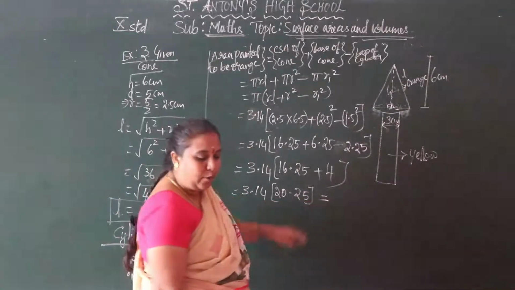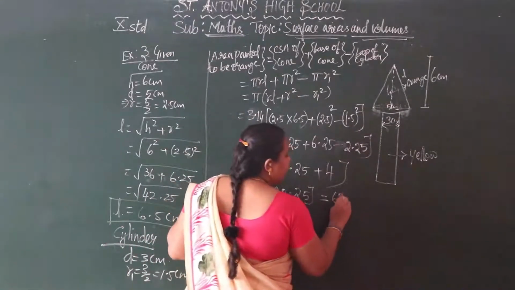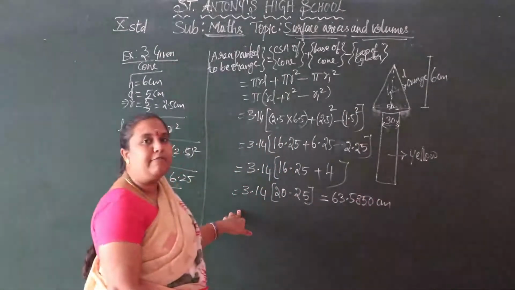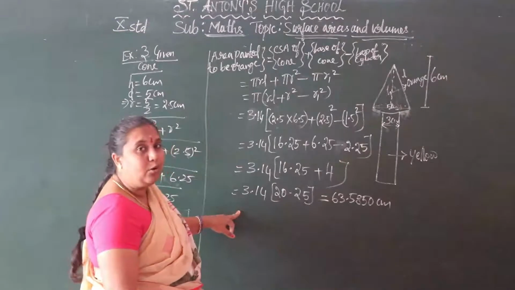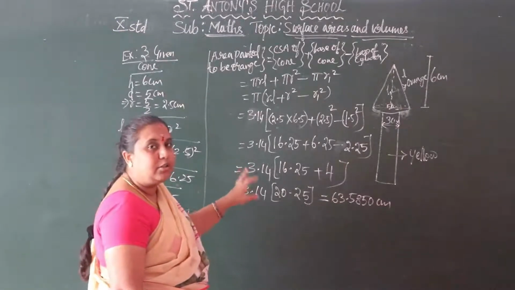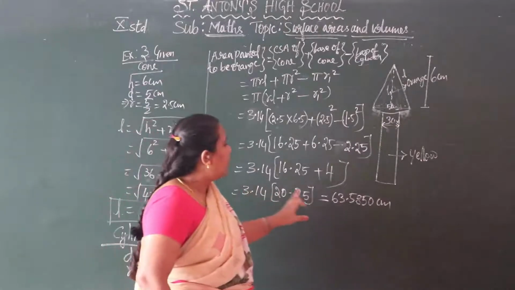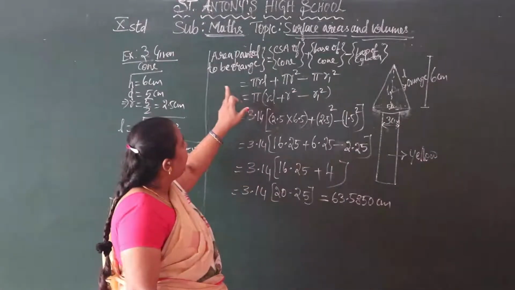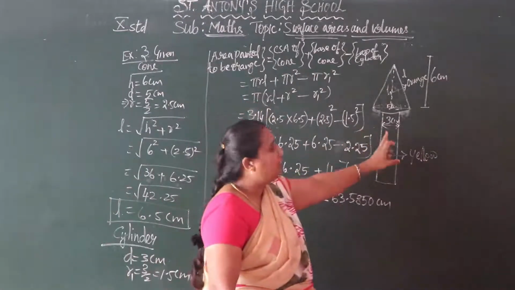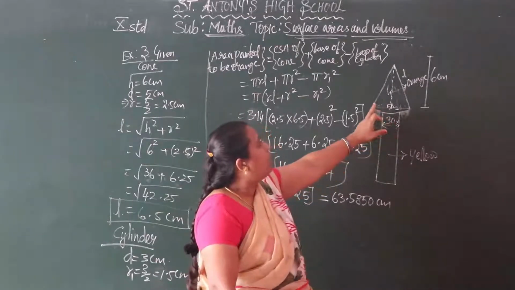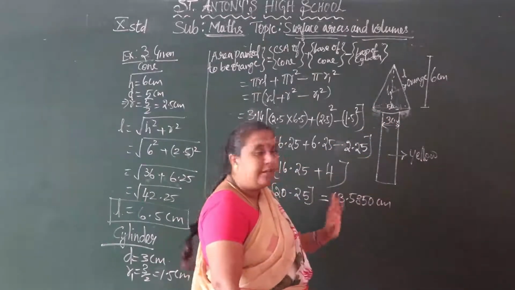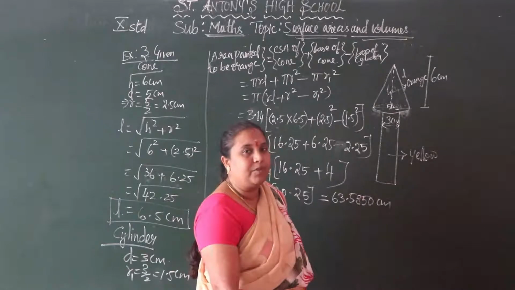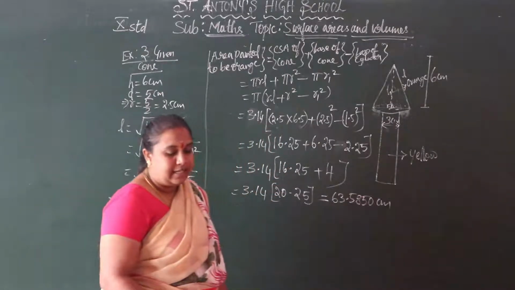We get 63.585 centimeter square. You have to multiply and check in your rough notebooks, and cross check this answer. So the area painted to be orange in the toy rocket is 63.585, or we can write 63.59 centimeter square.